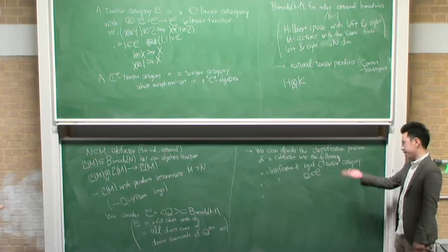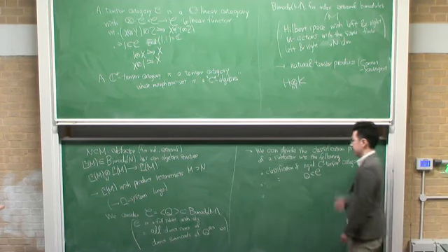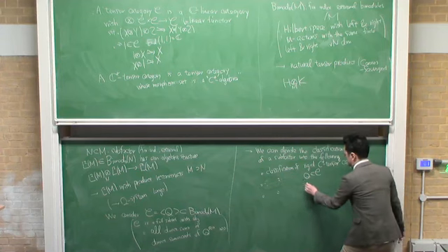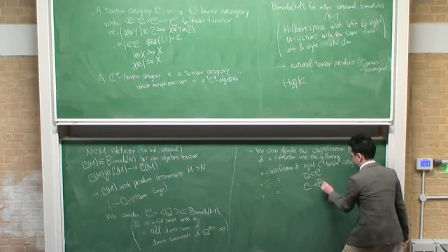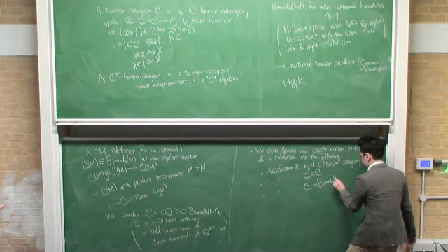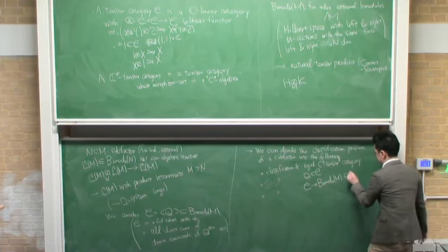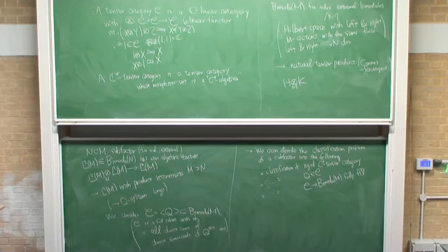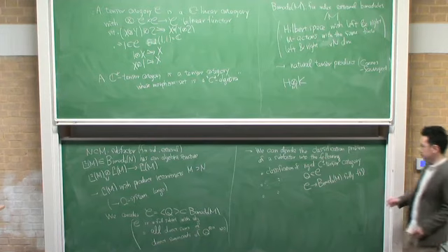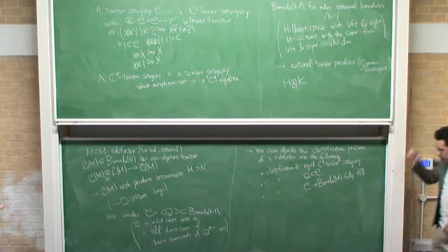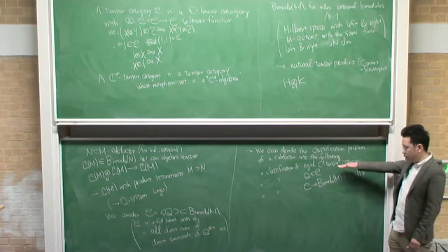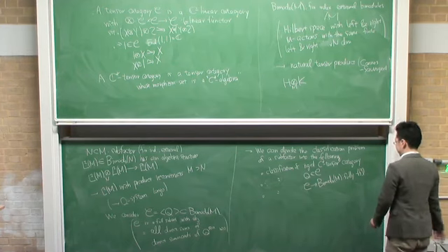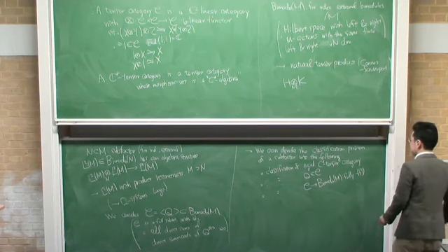How is this category embedded into the category of bimodules? Actually, the first problem is kind of impossible. This is too complicated in a sense.